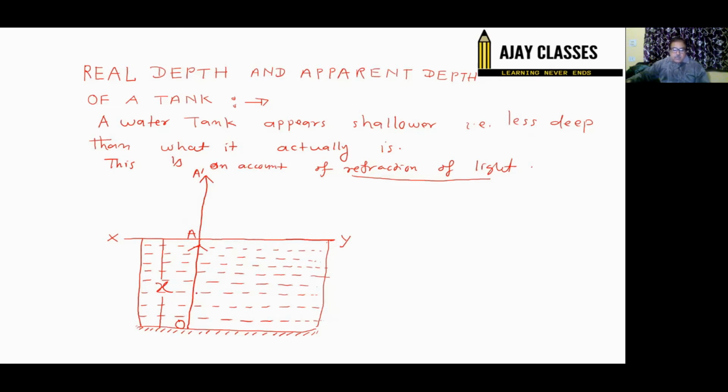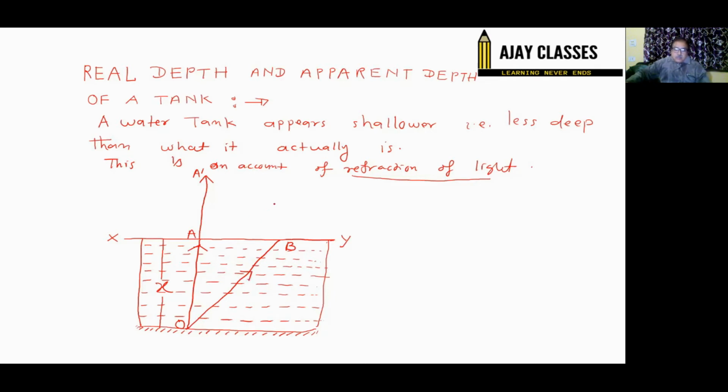Now another ray is also here. From the point on the bottom of the tank, we allow the light to go to any other point other than A. We think that the second point is B. Light may go to point B also.